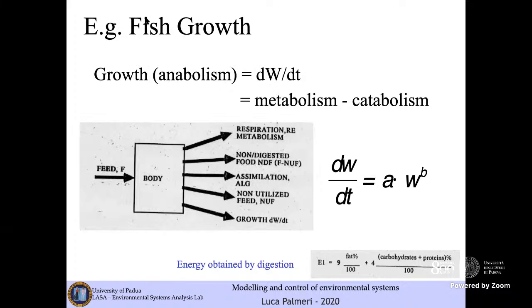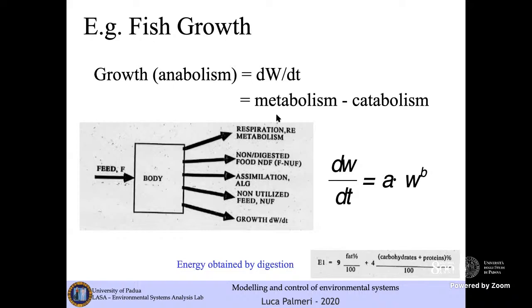And here I'm thinking of fishes because we will see a metabolic growth model explicitly focused on describing the dynamics of fish. Then we may write that the variation in time of the weight of a fish may be made equal to two terms, a positive term of metabolism and a negative term of catabolism.